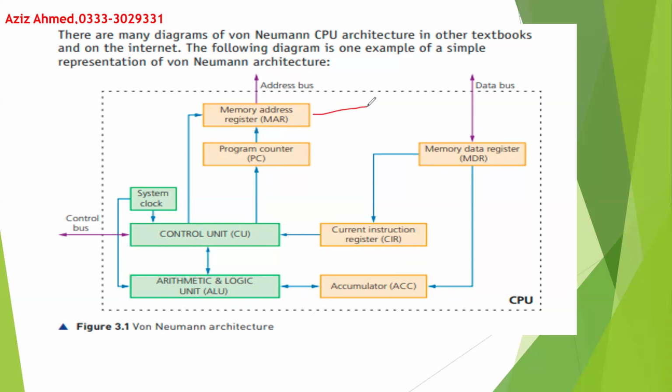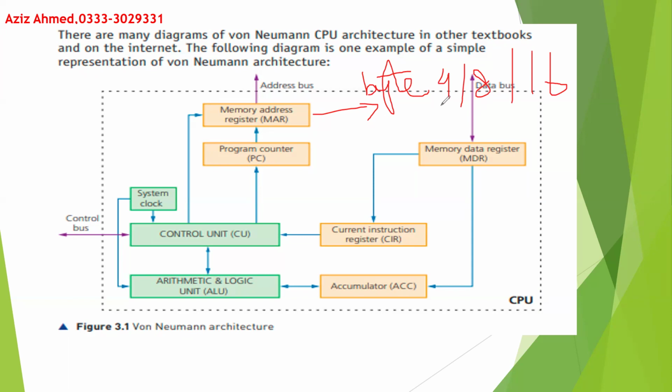Now remember again, I told you earlier, these registers store instructions in bytes. These bytes can be 4 or 8 or 16. Here you can see how much storage it has.